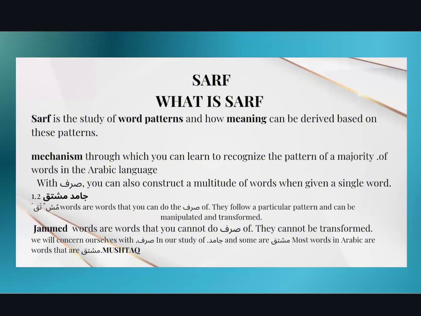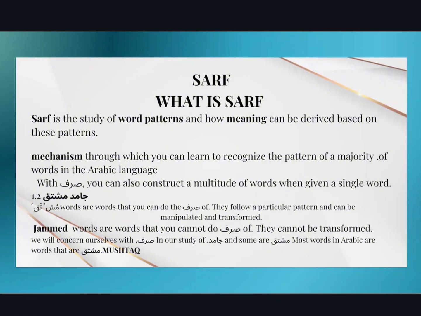So in the study of jamid and mushtaq, most words in Arabic are mushtaq. And the meaning of mushtaq is somebody who's eager or has a welcoming attitude. So mushtaq wants to meet you and greet you.